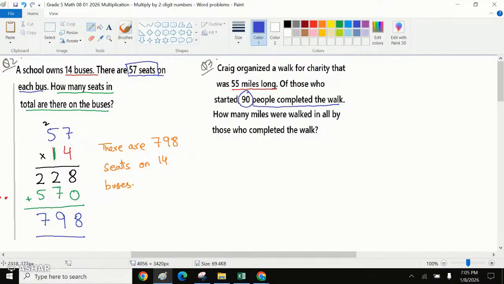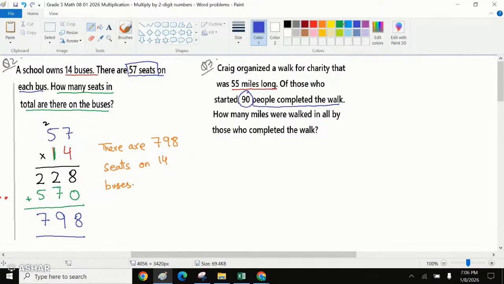We are doing multiplication, multiplying two-digit numbers, and we are doing word problems today. So the question says it was a 55-mile long walk, and 90 people completed it. How many miles were walked in all by the people who completed the walk? So we need to find how much 90 people walked.